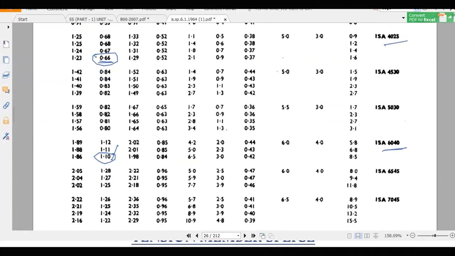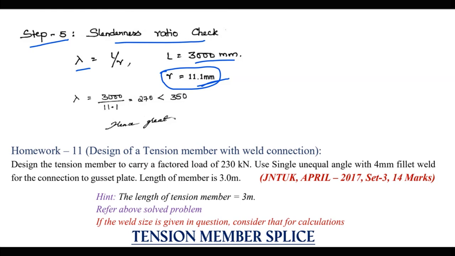Yes, 1.1 centimeter, so into 10, 11.1, and on substitution you get 270. The slenderness ratio of a member which is always subjected to tension should be less than 350, and it is absolutely clear that it is less than 350. Therefore, this section also satisfies the slenderness ratio check. Okay.